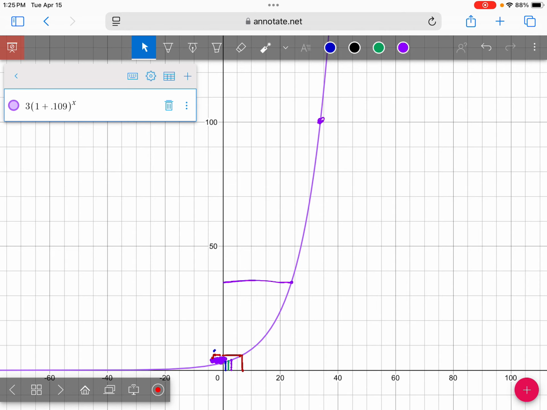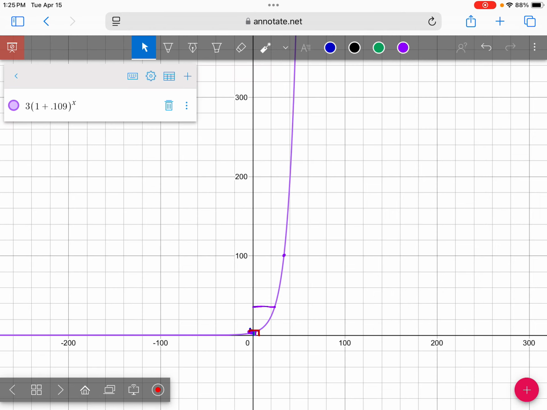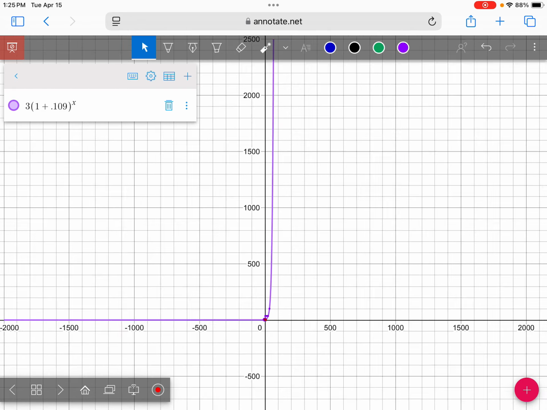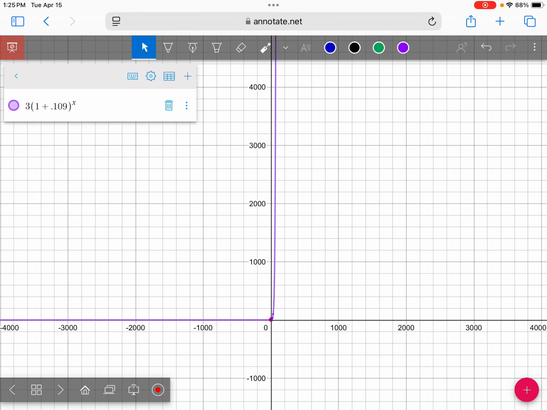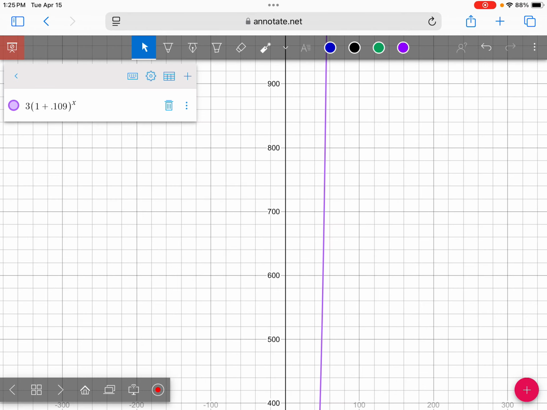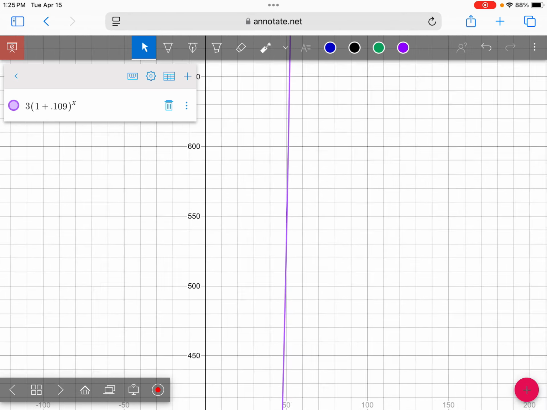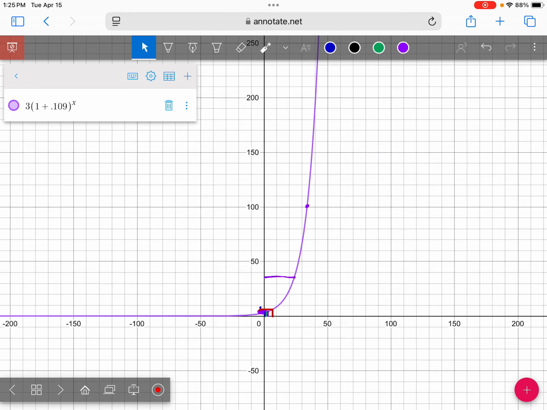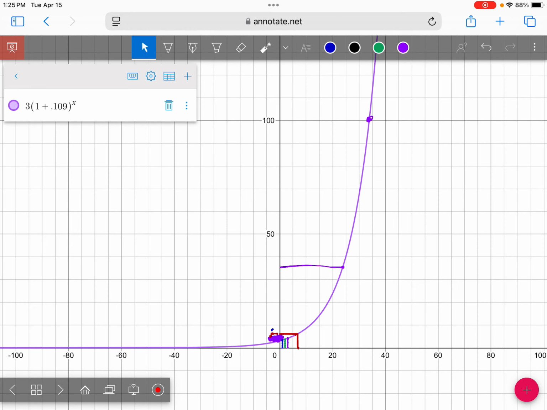But then look at how quickly it went back up to 18,000, because remember, within 7 years, we were at that 18,000. So these exponential problems, once they get big, they start growing real fast. At the beginning, they're kind of slow. But once they get cruising, they are cooking.